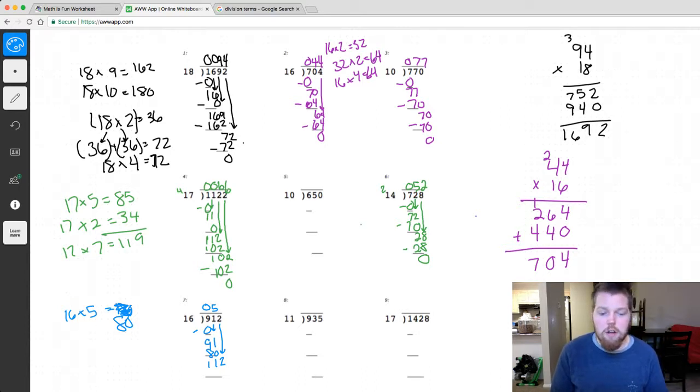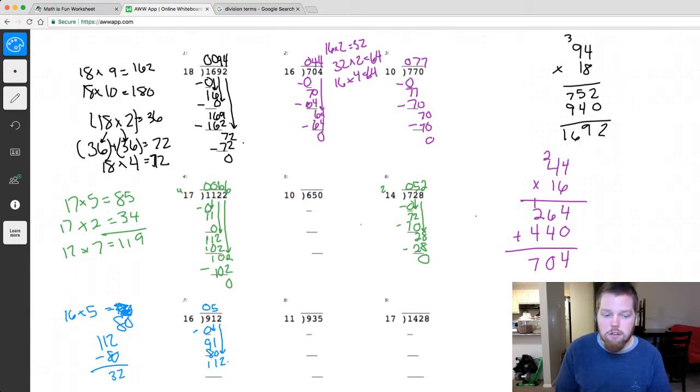So another thing that I like to do is, we already got 80. So what's the difference between 80 and 112? Because 112 is the new number that I have here now. Is there some kind of association with 112 and 80, that would mean that 112 is equally divisible by 16 just like 80 is? So what's the difference between 112 and 80? 112 minus 80 is 32.